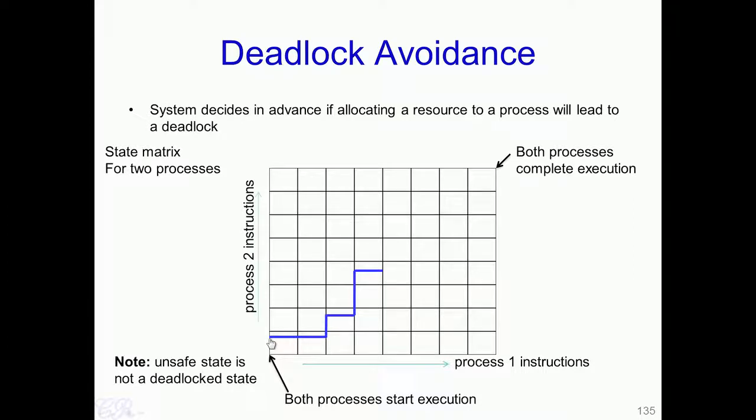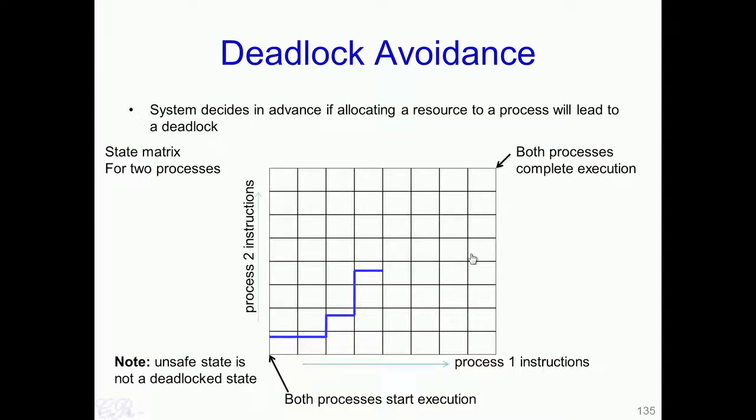For example, in the worst case it could be like process 1 executes continuously till it completes, and then process 2 executes completely till it completes. Or another technique would be like process 1 executes a few instructions, then process 2 executes a few instructions, then process 1, process 2, process 1 and so on till both of them complete.